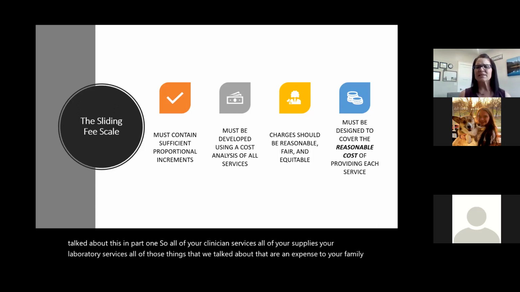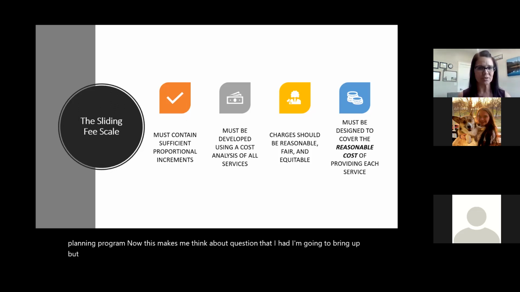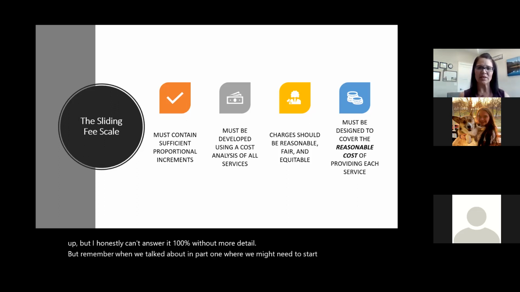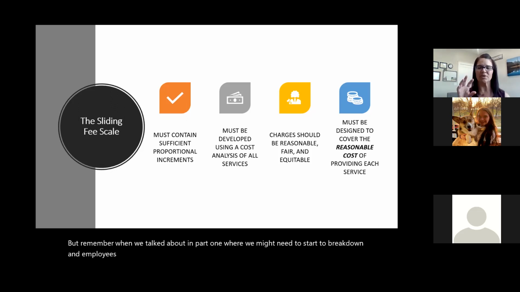Now, this makes me think of a question that I had. I'm going to bring it up, but I honestly can't answer it 100% without more detail. But remember when we talked about in part 1, where we might need to start to break down an employee's time because they are putting time into another program, but they're also part of your Title X program.